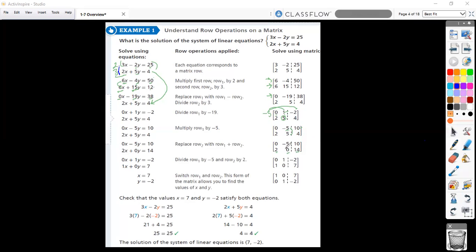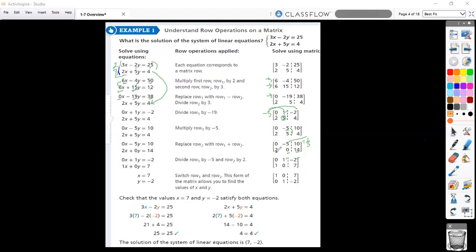But now the next step is we want 1s where the zeros are not. So if you divide the top one by 5 or multiply by 1/5, 1/5 times this would be a negative 1/5 to make that a positive 1, and negative 1/5 times 10 makes this negative 2.